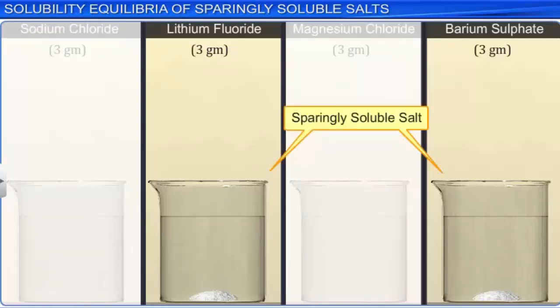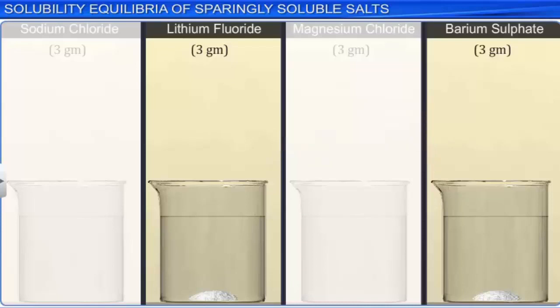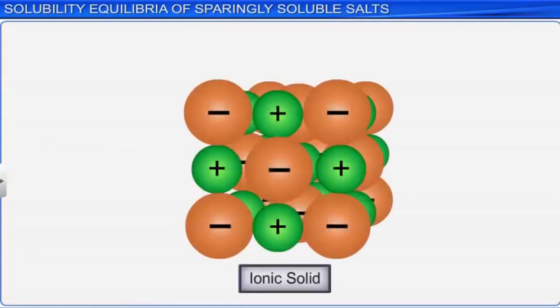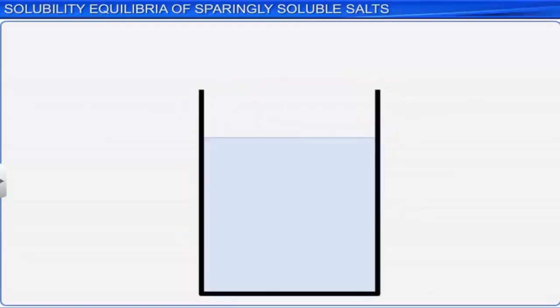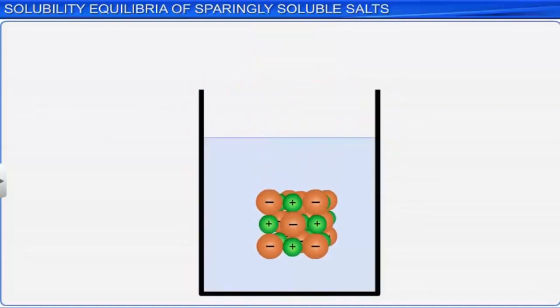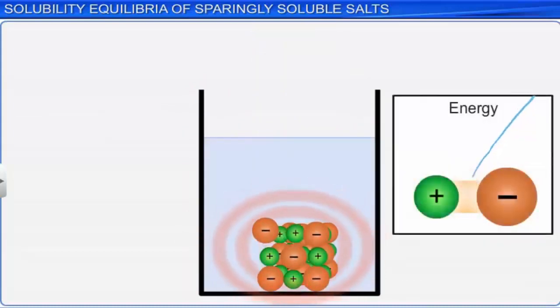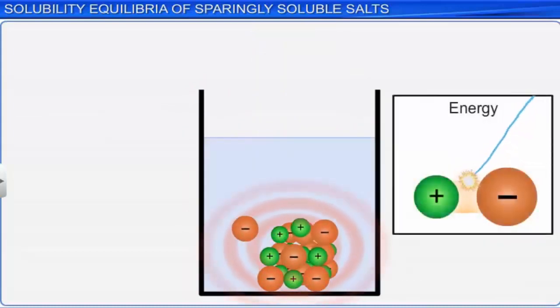Do you know why all the salts are not soluble to the same extent in water? Let us try to understand this. The ions in an ionic solid are held together by strong electrostatic forces of attraction. For its dissolution in the solvent, energy is required to overcome the attractive forces between the ions.